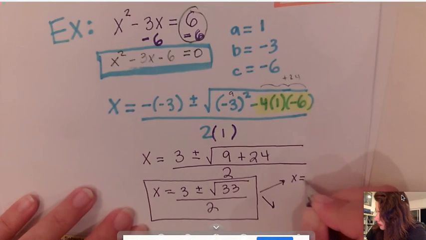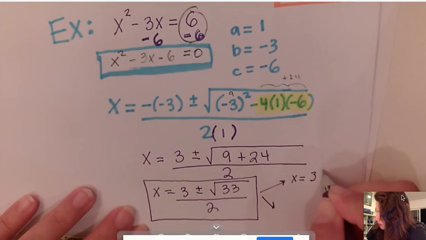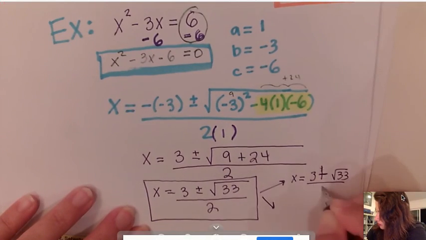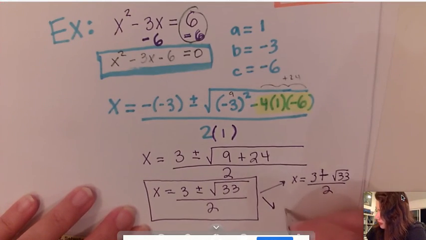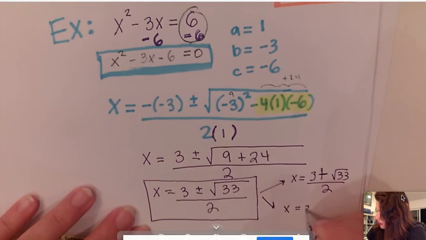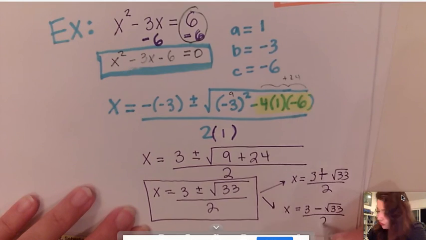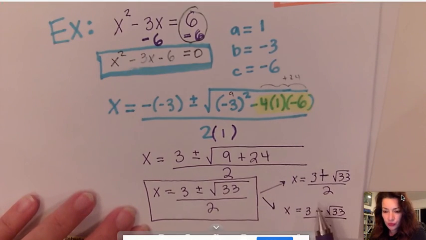x equals 3 plus square root 33 over 2. Let me make this a little nicer. And x equals 3 minus square root 33 over 2. So here are two solutions.